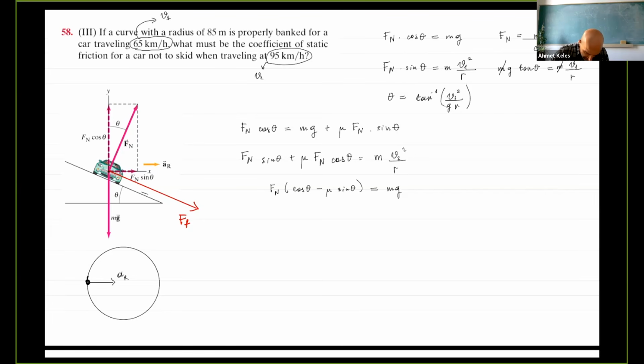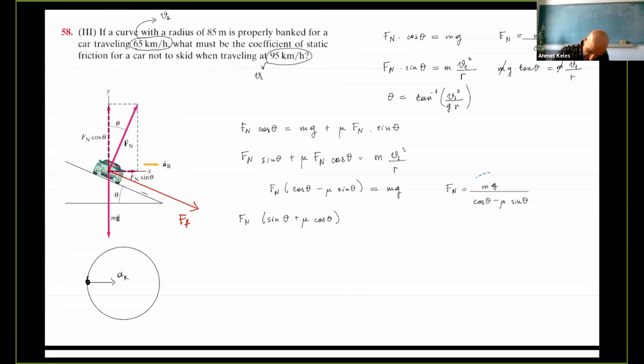Put this here, and from that, I find F normal to be equal to mg divided by cosine theta minus mu sine theta. Now I'm going to put this in the other equation. The other equation is F normal times sine theta plus mu cosine theta. But I know what F normal is, so let's write it.